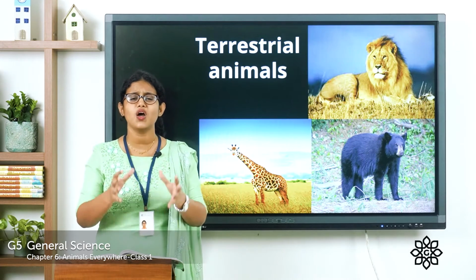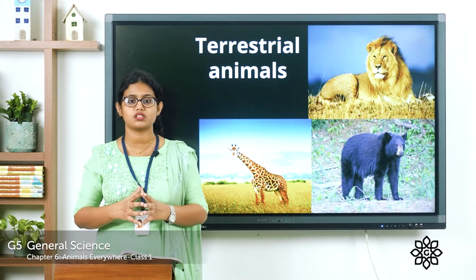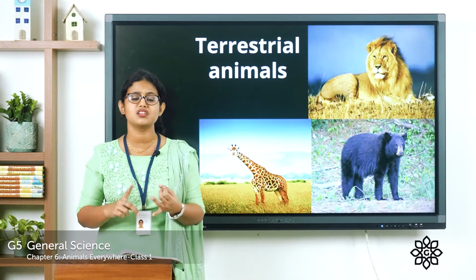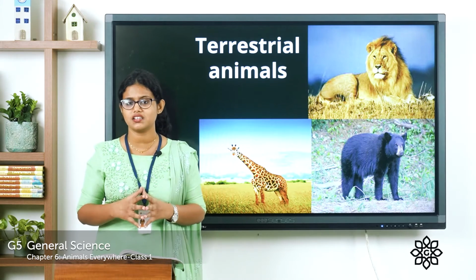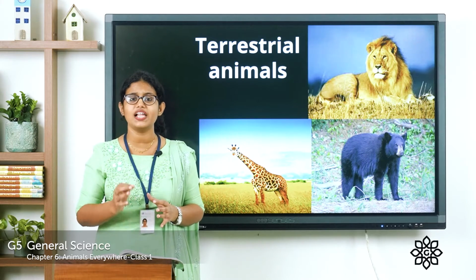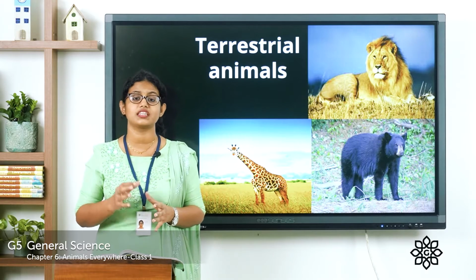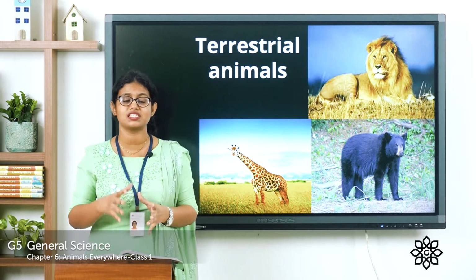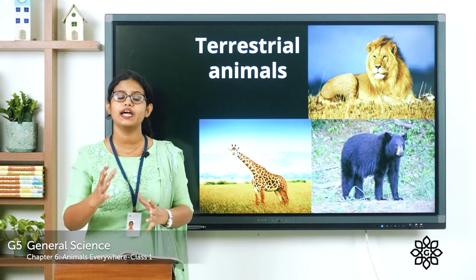These animals have well-developed sense organs. You all know which are the 5 sense organs: eyes, ears, nose, tongue, and skin. So these animals have well-developed sense organs that help them to look for food. So what are terrestrial animals? Animals that live on land.